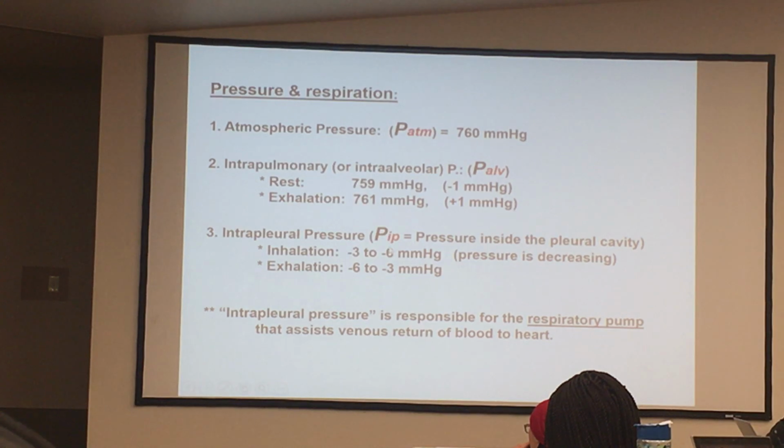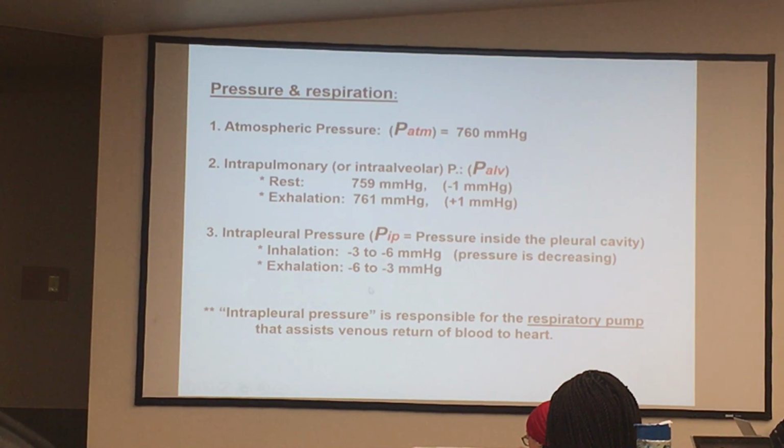So this one actually is more negative than intra-alveolar pressure, and that one will affect more for the gas to move in and out. Okay.